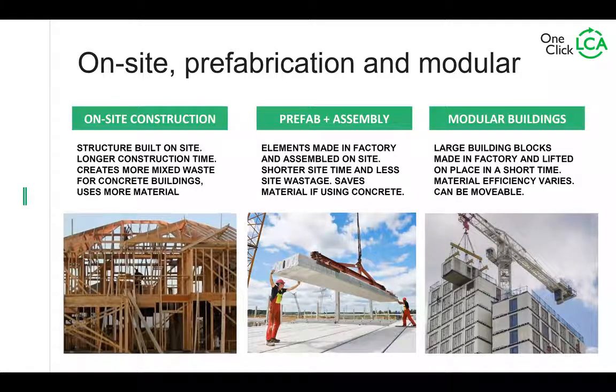And we have modular buildings, which are large building blocks, usually container-like, which are made in a factory and lifted in place. This is typically very quick. Material efficiency varies, so they may not always be more material efficient because they are typically made for accommodating multiple floors being stacked, maybe up to 3 or 4 floors.